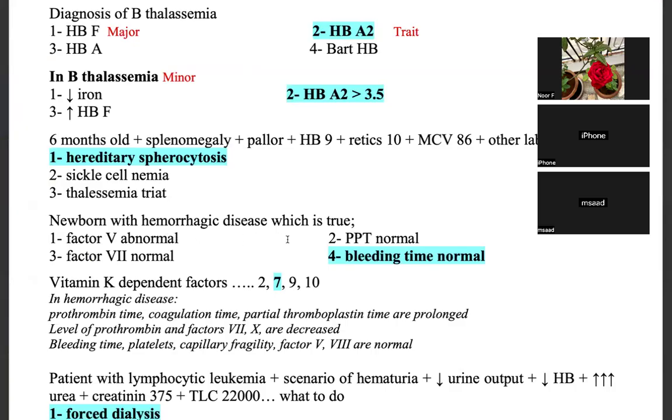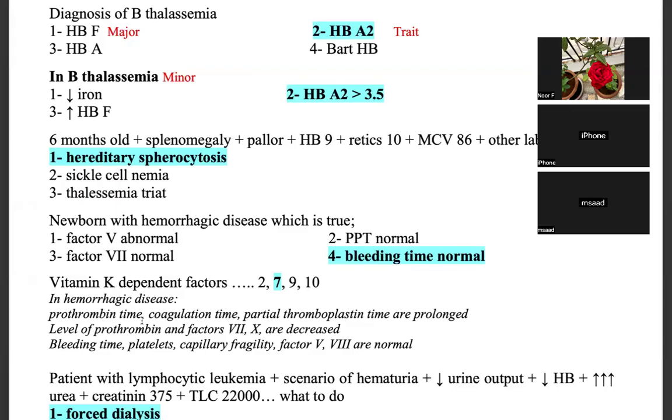Newborn with hemorrhagic disease, which is true. Factor 5 abnormal, factor 7 normal, PTT normal, and bleeding time normal. So in hemorrhagic disease, usually bleeding time will be normal, right? Here he is telling vitamin K dependent factors are 2, 7, 9, and 10.